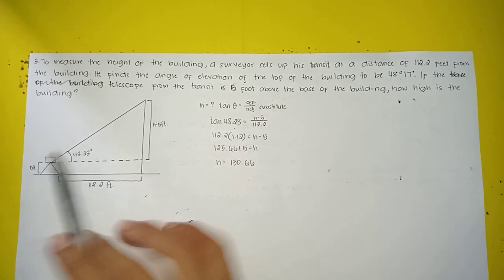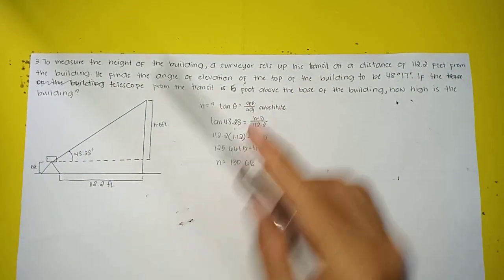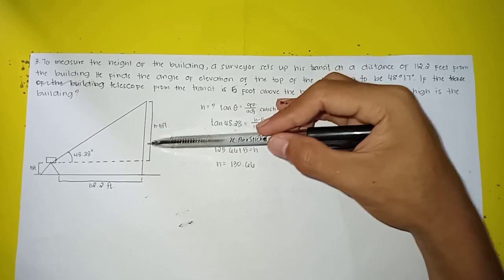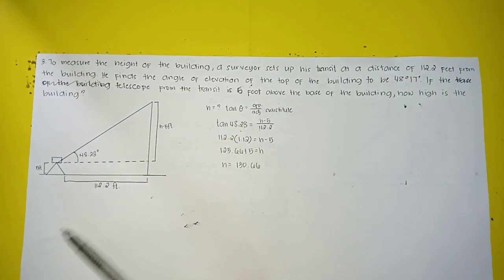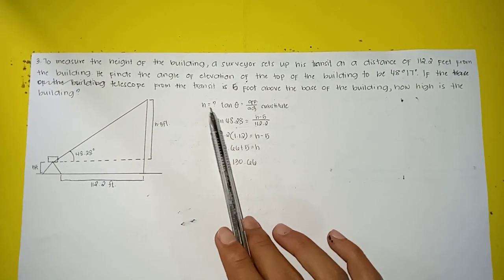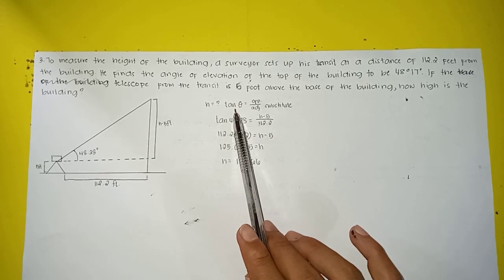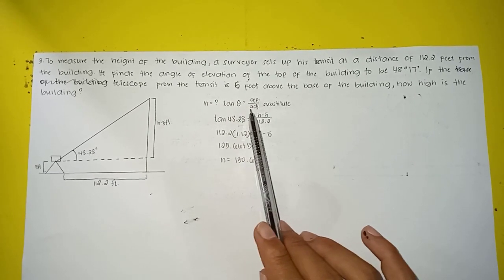So we have here the transit and the building. So what we are going to find is this one, the height of the building. Then we will add this 5 feet. So the height is what we're finding, and then tan theta, we will use opposite over adjacent.